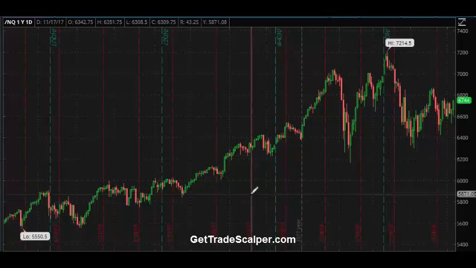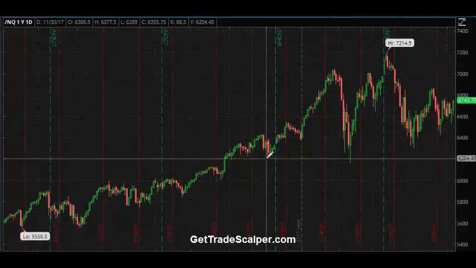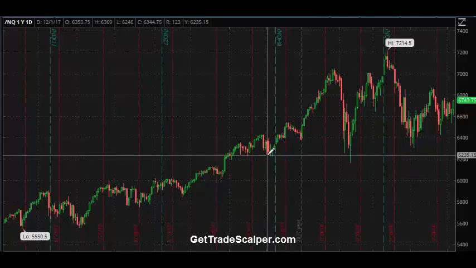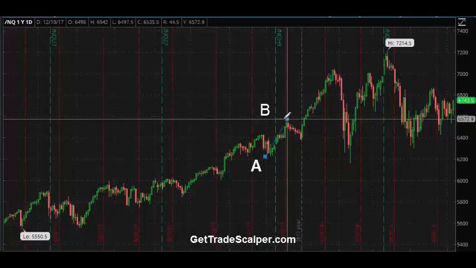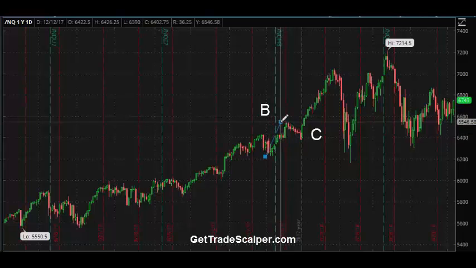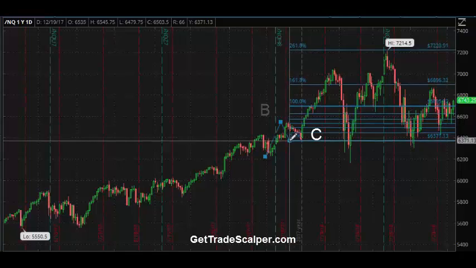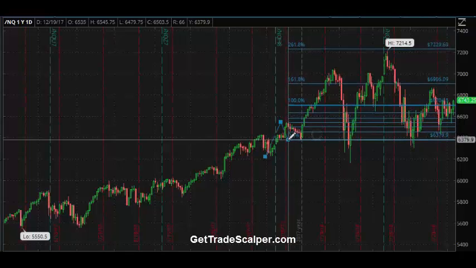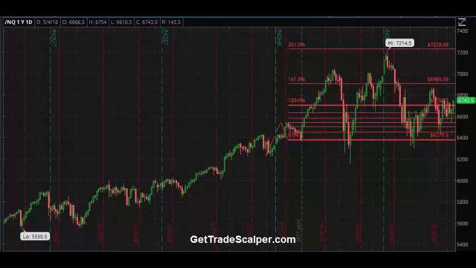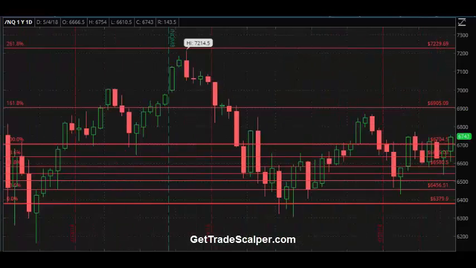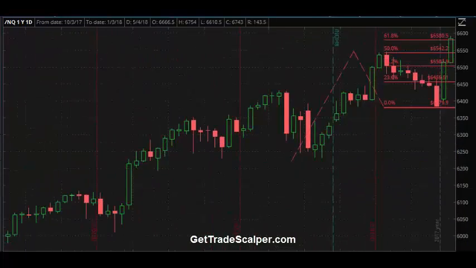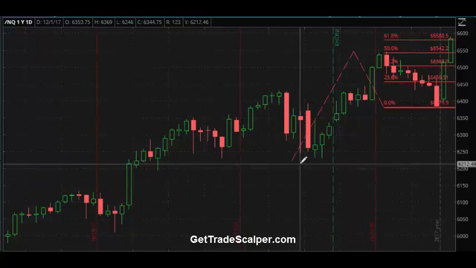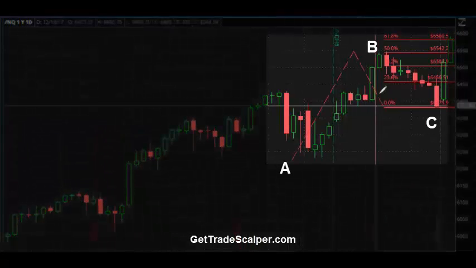And so on an uptrending market, you want to start off with a low point, which is point A, right there, and a high point right here, which is point B, and a third low point, which would be point C. And so we'll go ahead and print it in there, and we'll zoom in a little bit so you can see what's going on here, right? So we've got the points here.